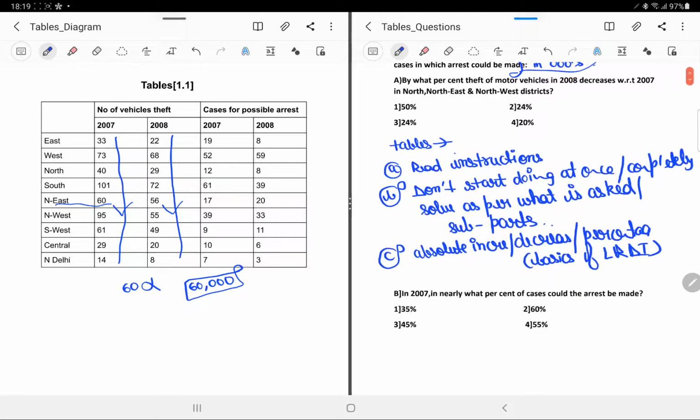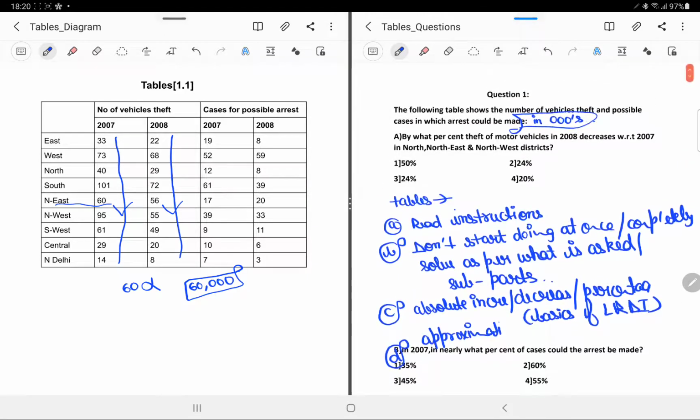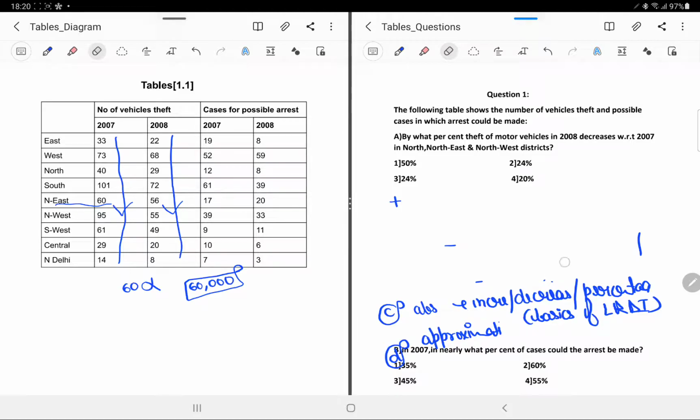And at last, never try to solve accurately. Always use approximations. So this is a general concept that you need to follow for all your LRDI questions. Now we can start solving our question.